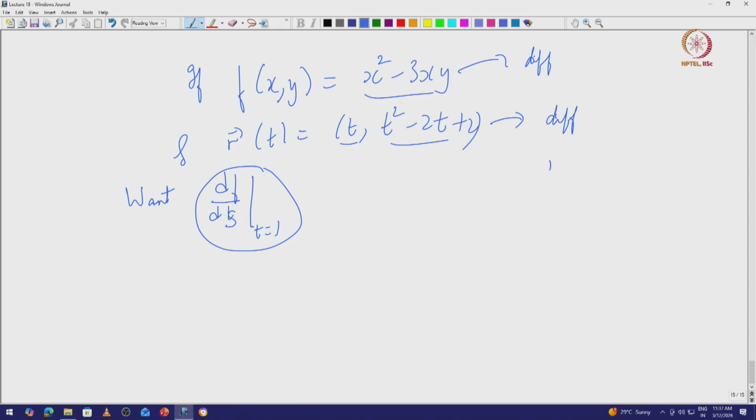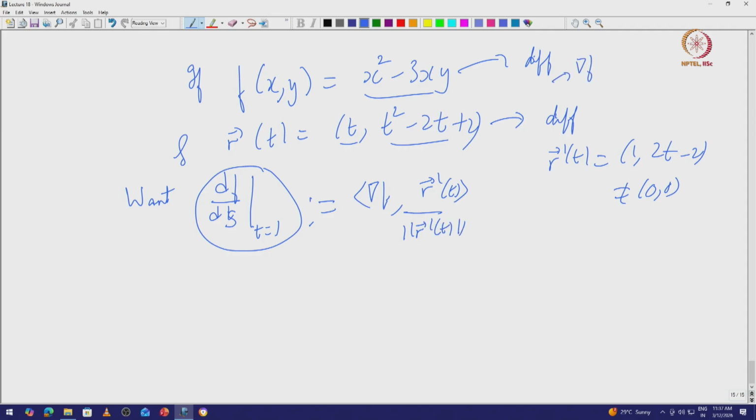So the first thing to note is, is this path a regular path? Sure it is, because this is never 0, 0, right? So by definition, the symbol is simply the gradient of f times the velocity divided by the speed. What is the gradient of f? The gradient of f is a vector. It's df by dx, which is 2x minus 3y, and df by dy, which is 2 minus 3x.